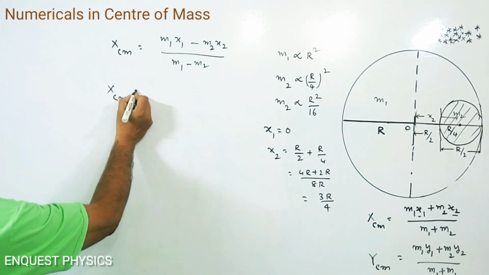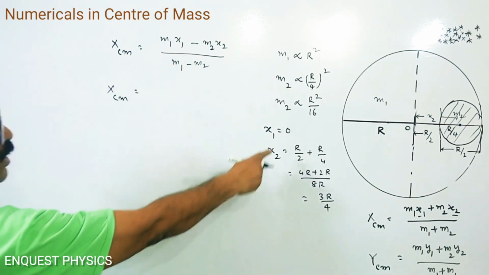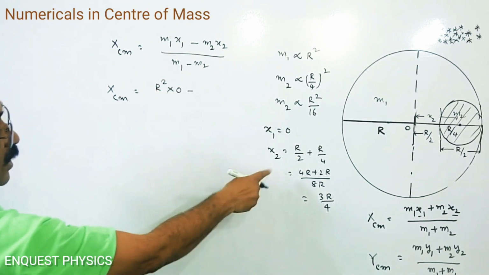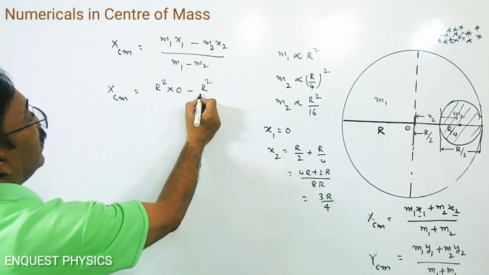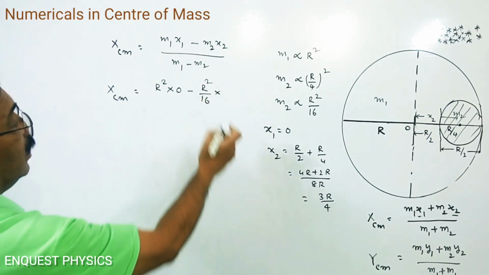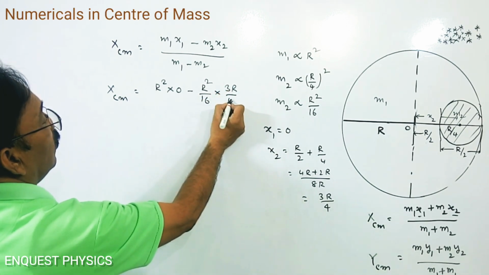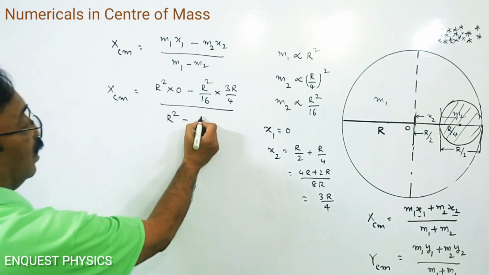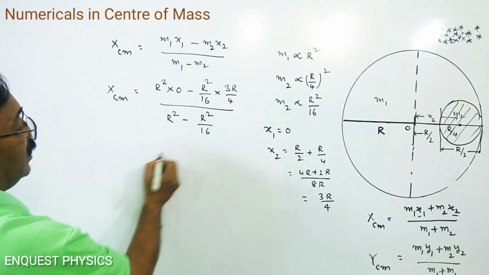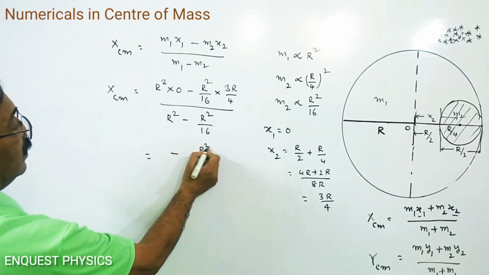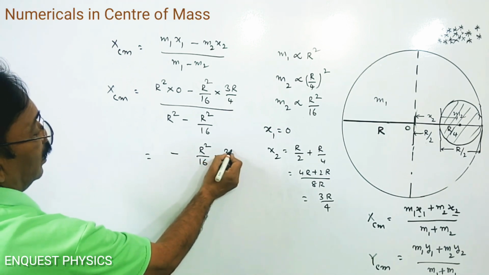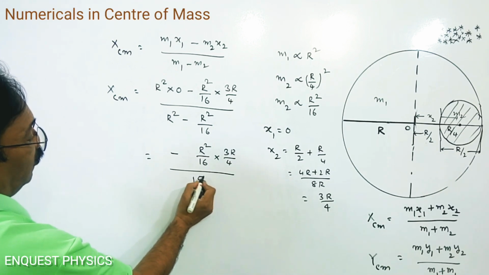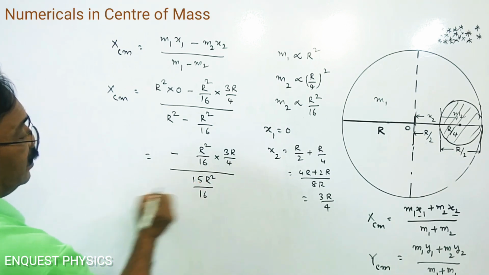That is xcm is equal to m1. m1 is proportional to r squared and x1 is 0 minus m2 is r squared by 16 into 3r by 4 upon m1 is r squared minus r squared by 16. It is minus r squared by 16 into 3r by 4 divided by 15r squared by 16.